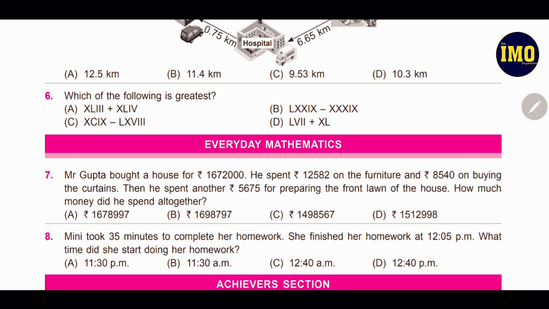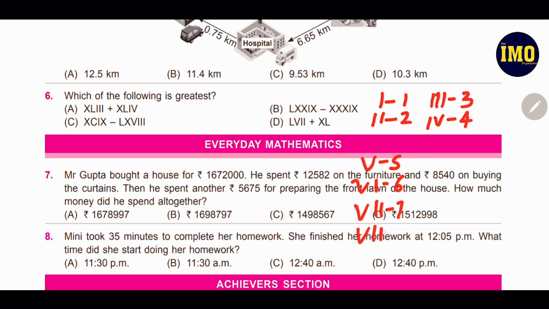Now children, in Roman numerals, I means 1, II means 2, III means 3, IV means 4, V means 5, VI means 6, VII means 7, VIII means 8, IX means 9, X means 10, XI means 11. In such a way, we go through the numbers.